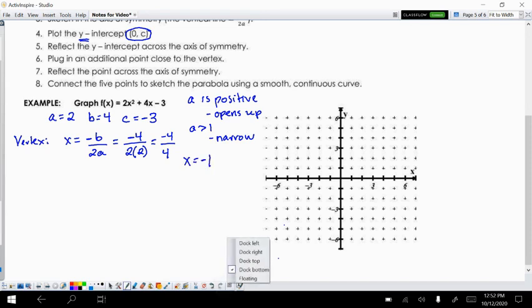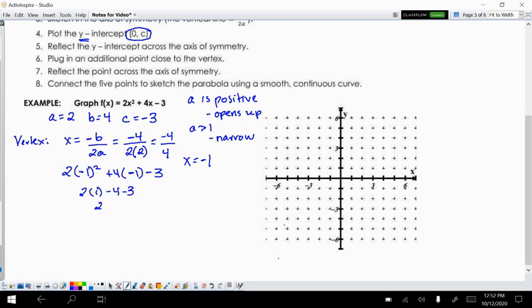Once we know the x-coordinate, we need the y-coordinate. So we're going to go back in and plug in -1 into our function to see what we get as the y-coordinate of our vertex. That gives us 2 times 1 minus 4 minus 3.